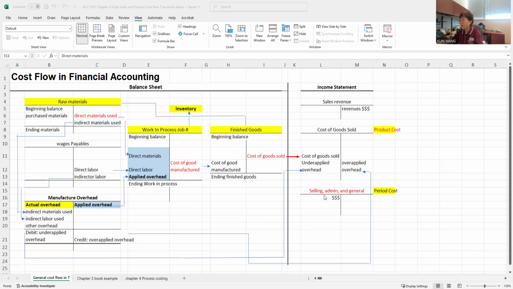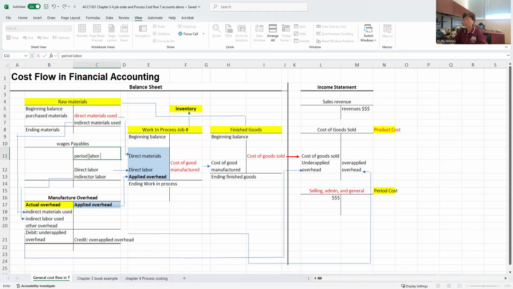And we can also have the admin, selling, and general labor expenses, unpaid and recorded by the wage payable, but I didn't include that item, so I can put period labor expenses. So wage payable handles the temporary liability we hold for all types of employees for the company.